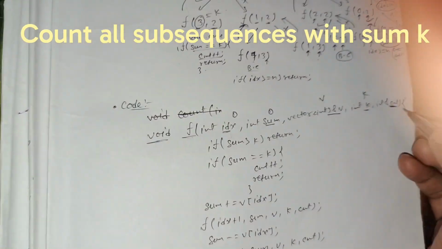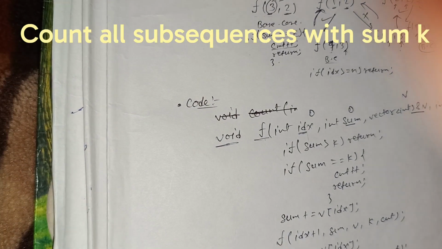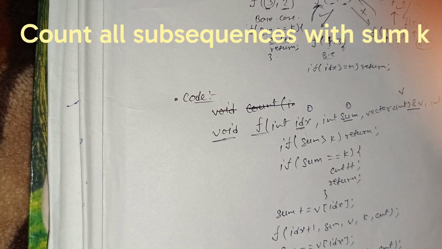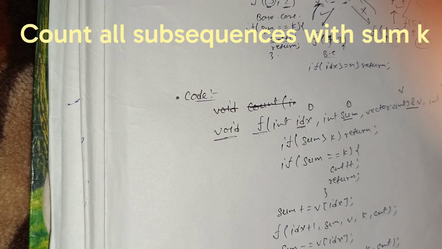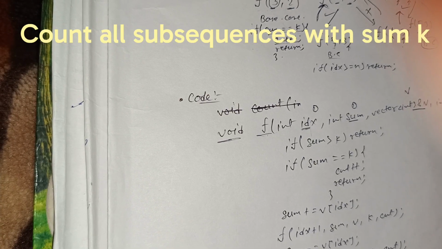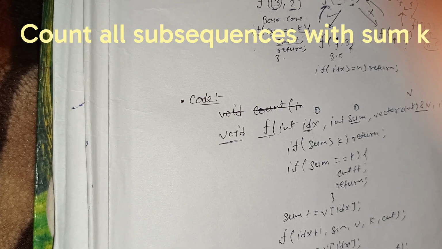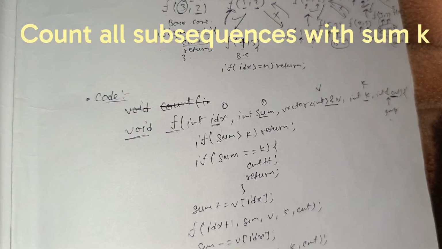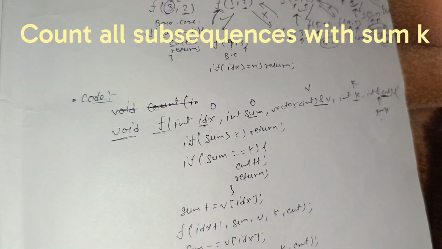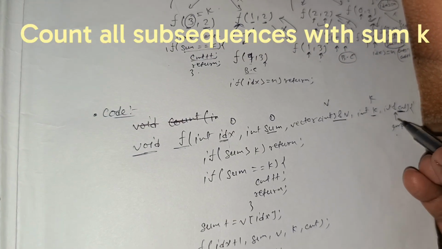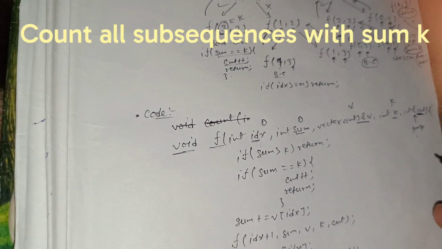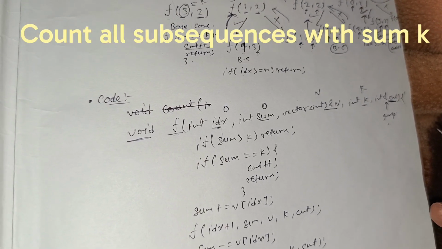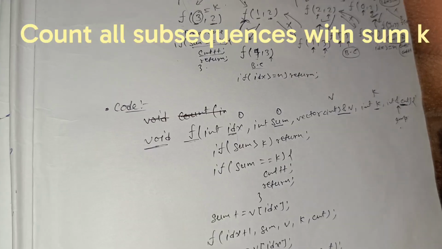The answer will be stored in the count, which is passed by reference. It is important. If it is not passed by reference, it will not be updated each time. So it is very important to pass it by reference to get an updated count every time the function is called.